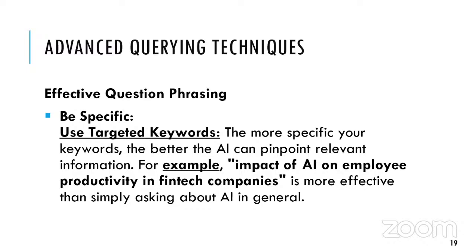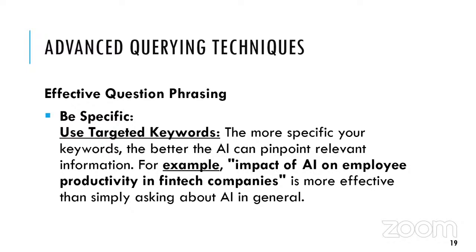Again, you also have to use targeted keywords. The more specific your keywords are, the better Perplexity AI will pinpoint relevant information to you. You remember it has to go online and look for those resources fairly quickly. So if you are not that specific, it will just bring something general to you.